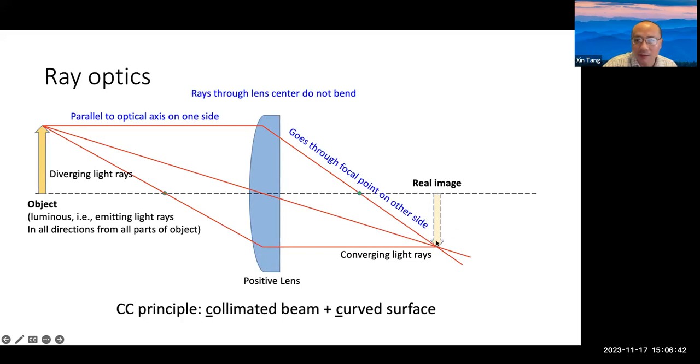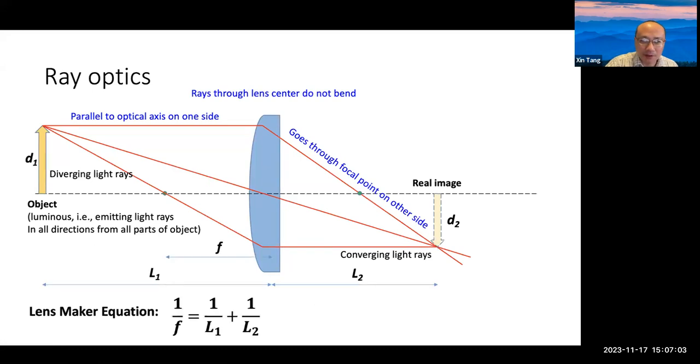Collectively, they form the real image of the object. This is the underlying principle of how a lens forms the image of an object. After that, we talked about the necessary equation associated with that.